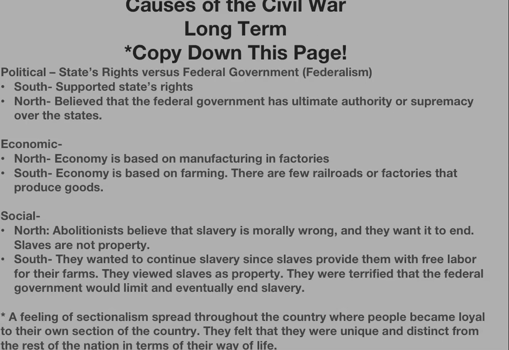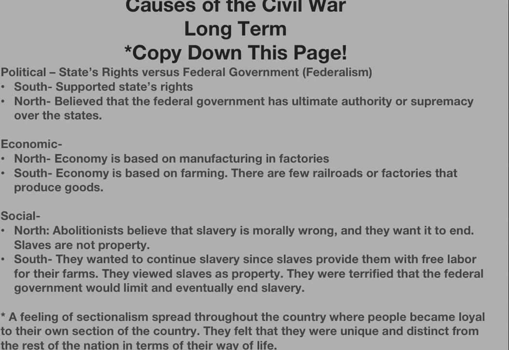You have to understand that at this point in history, America was very different. Okay? We did not have a federal income tax at this point. People did not gain Social Security. They were not required to have any kind of health care. So really and truly, the government had less of an impact on your lives. Now, Northerners, on the other hand, felt that for the most part the federal government was supreme.